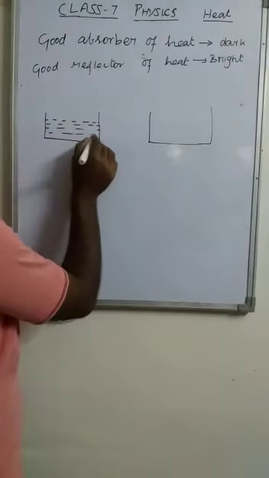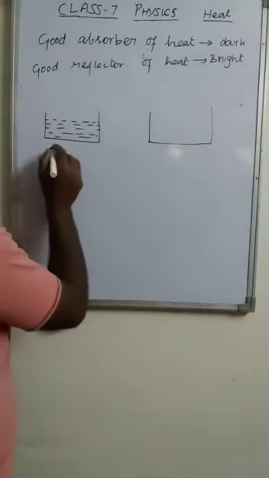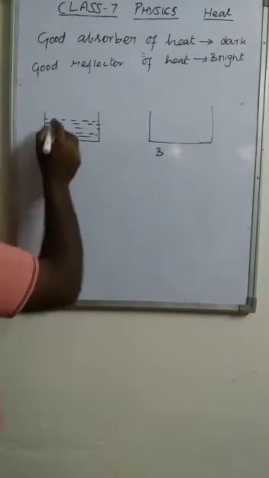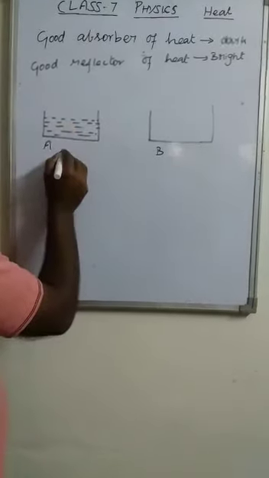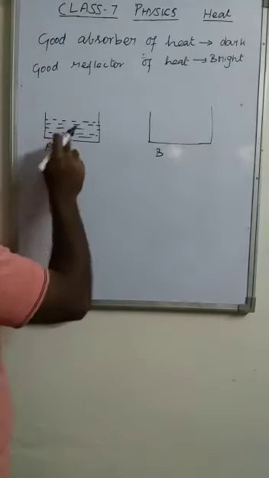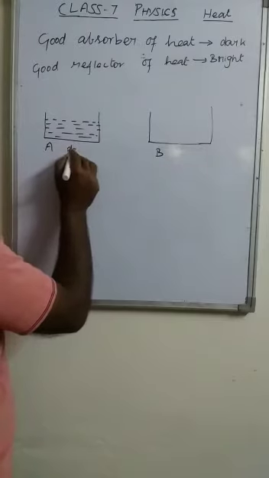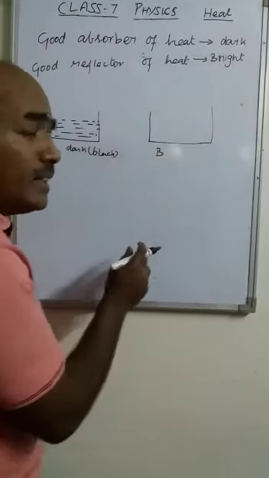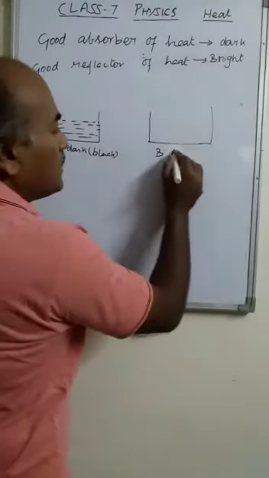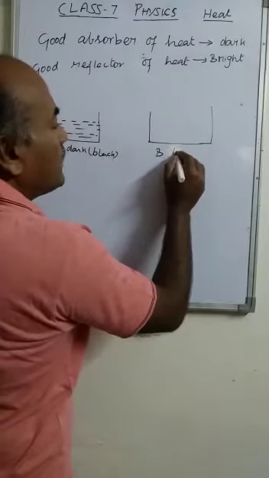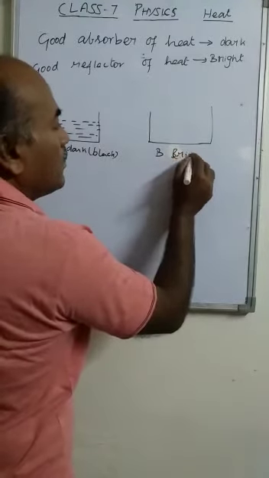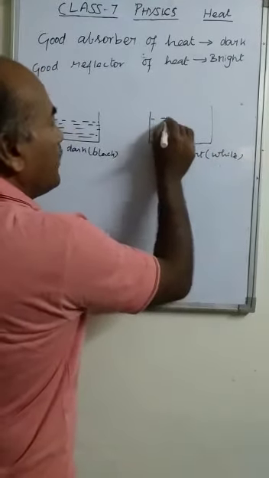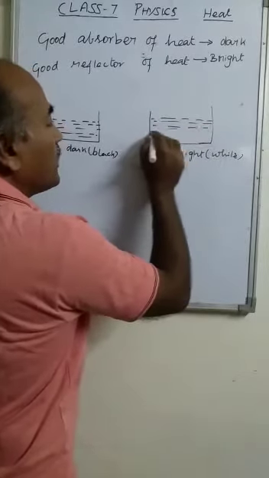Let this container be A and another be B. Before filling the water, A is dark color, colored black, inside and outside both. Before filling B, it is colored bright, that is white color. And fill the containers with the same quantity of water.